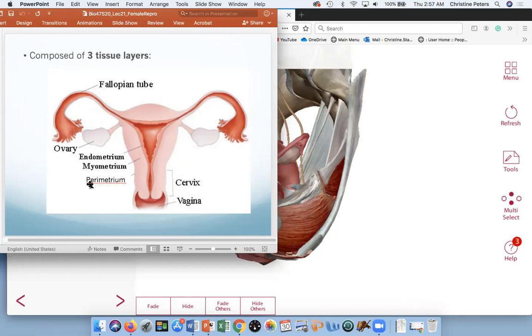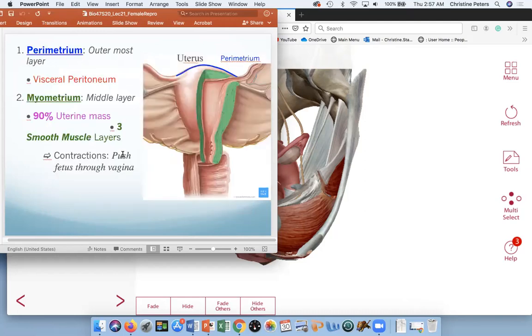So peri meaning around. All right, so in this drawing here, they're showing you the uterus cut open, and they're highlighting in green the myometrium. In blue here, that would be the perimetrium or the visceral peritoneum. And then the inside layer here, that would be the endometrium.